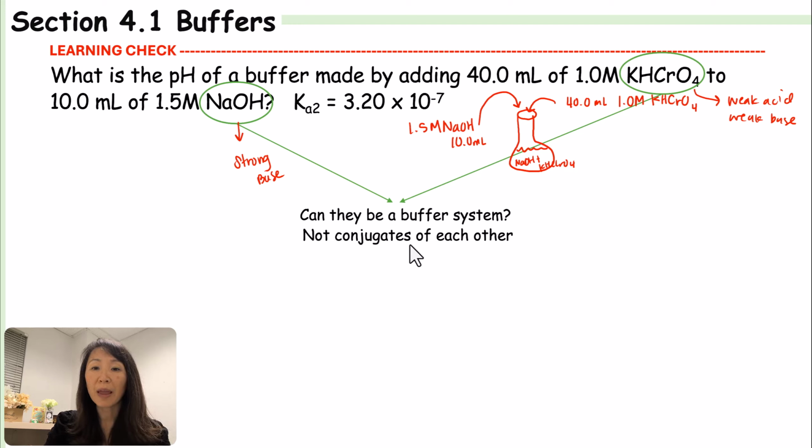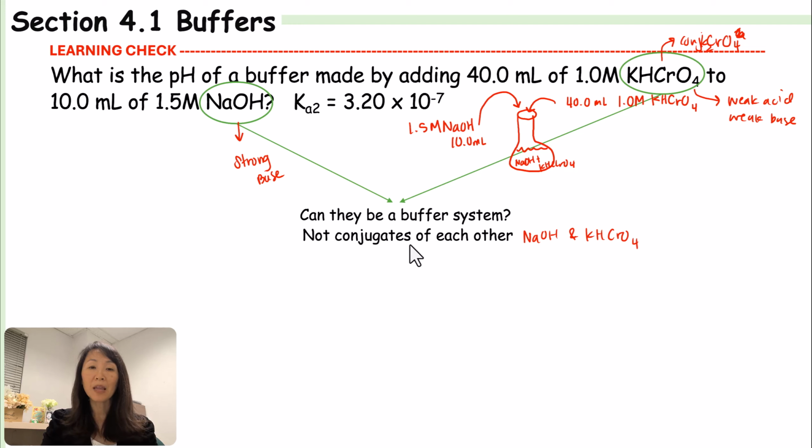So NaOH and the HCrO4 are not conjugates of each other. The conjugate of this would be K2CrO4, or CrO4 2 minus.